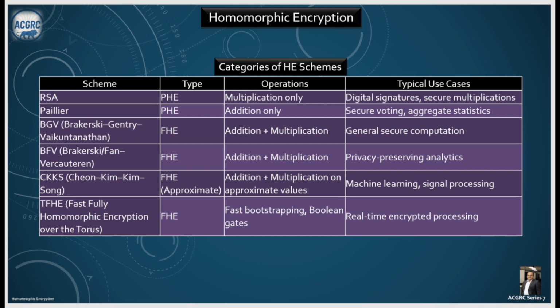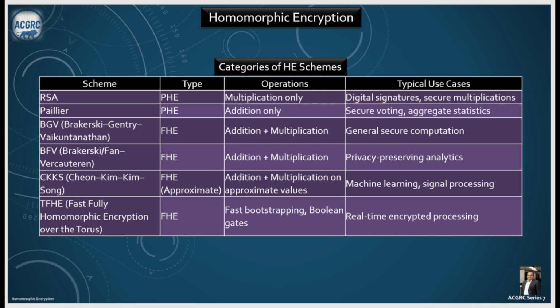It supports full homomorphic encryption, supports addition and multiplication. Then we have the Cheon-Kim-Kim-Song scheme, which supports approximate fully homomorphic encryption. It supports addition and multiplication on approximate values, generally used in machine learning or signal processing.